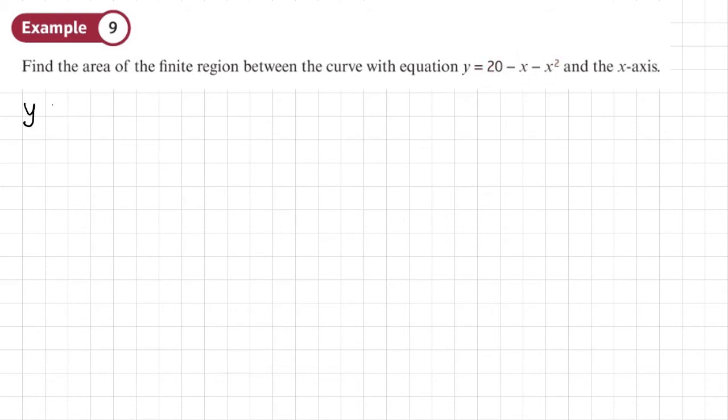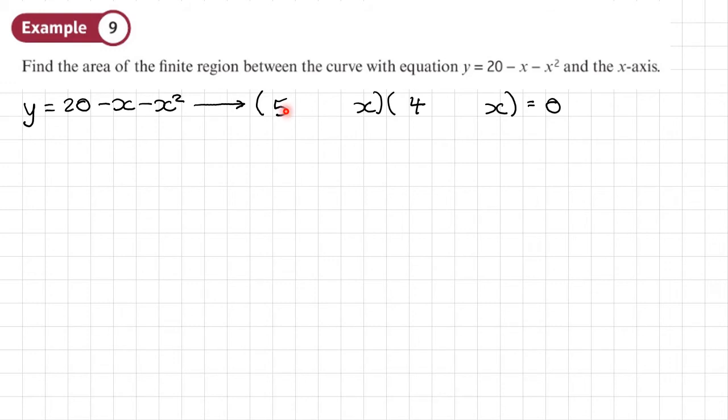So we've got y equals 20 minus x minus x squared. If we're going to factorize that, because it's got this negative x squared at the end, we'll put the x at the end of the brackets like this. And because I've got 20 here and I want two numbers that have got a difference of 1, basically I'm going to have 5 and 4.